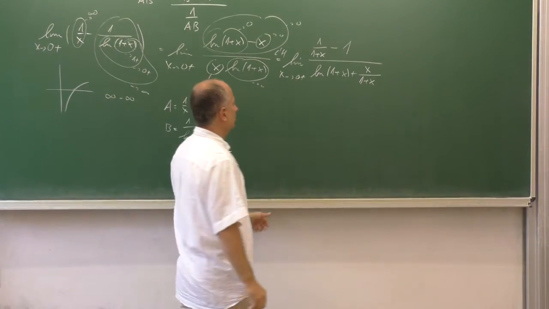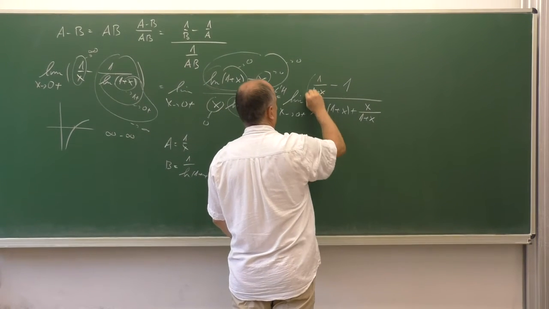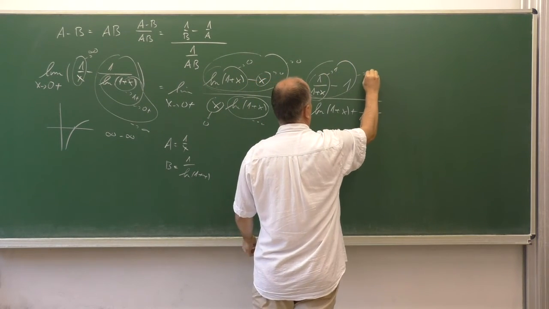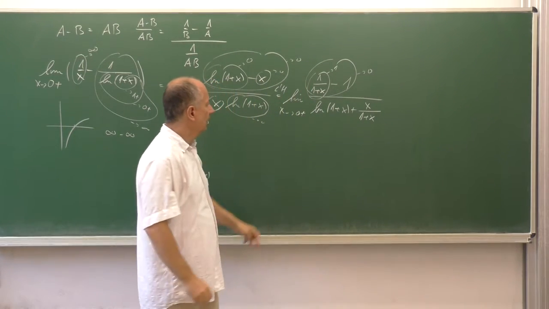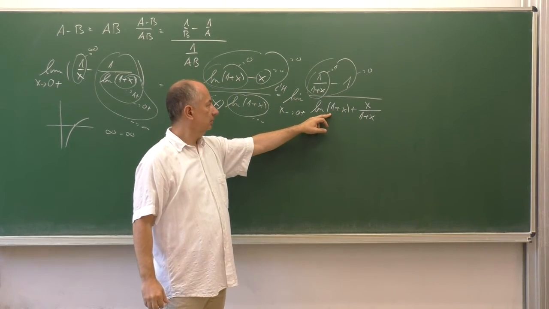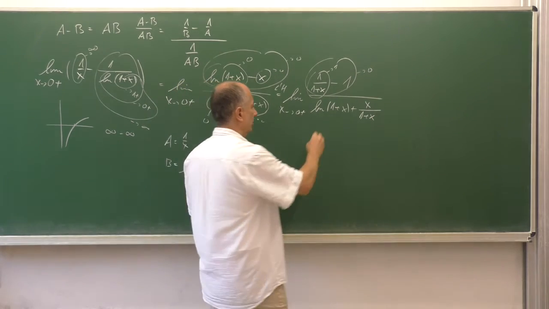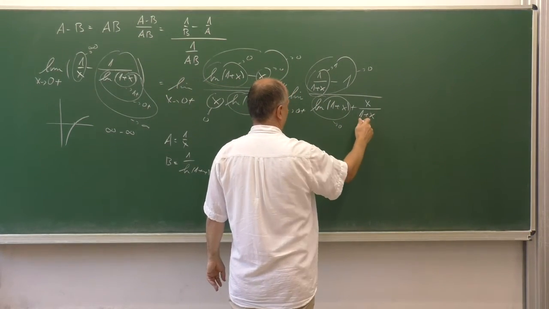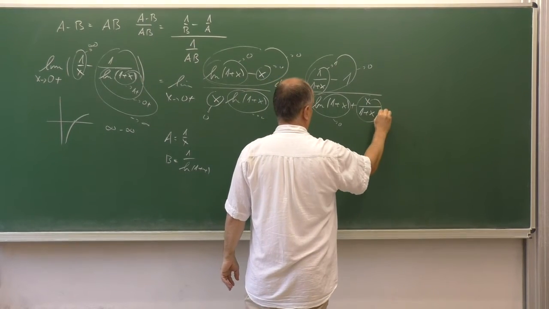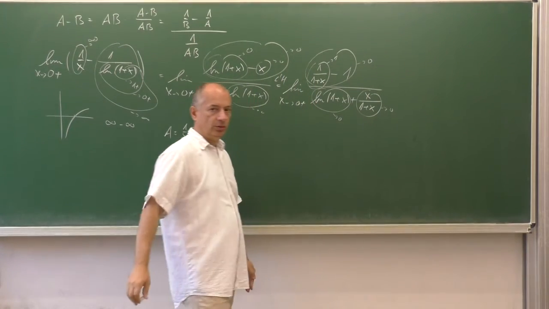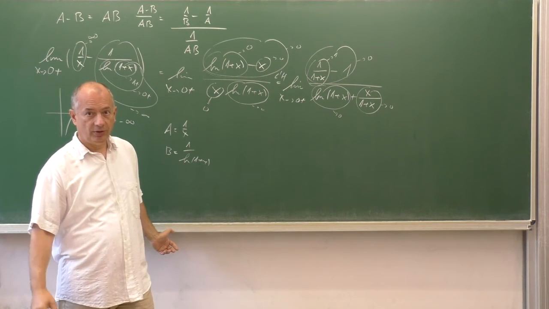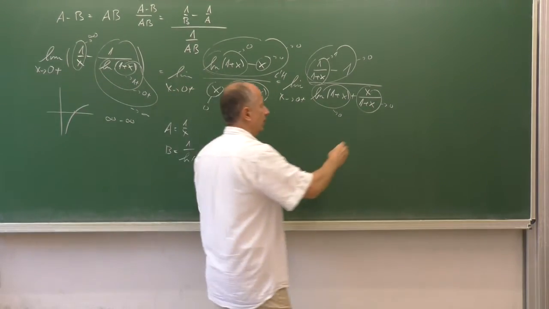Now, if x goes to 0, this fraction goes to 1, and 1 minus 1 goes to 0. This bracket goes to 1, the logarithm goes to 0, and this fraction goes to 0 because x goes to 0 and the numerator goes to 1. So we have again 0 divided by 0, so we can once again try L'Hopital's rule.